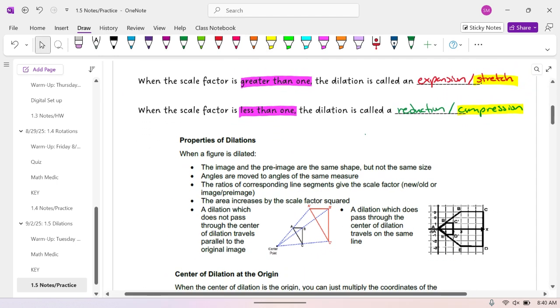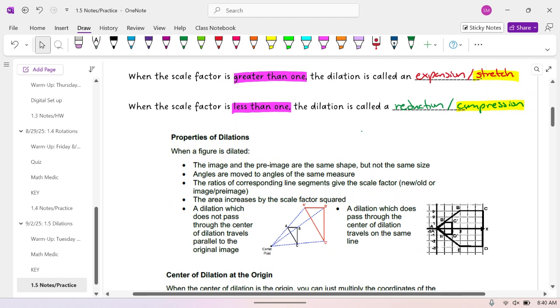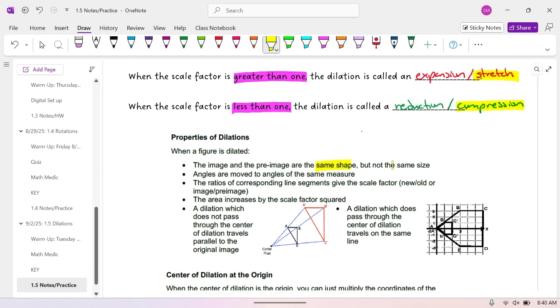Now, these are just some properties of dilations. Again, between the image and the pre-image, it's the same shape, not the same size. Even though the figure is moved, the angles are the same measure. The ratios of the corresponding line segments are given by the scale factor.